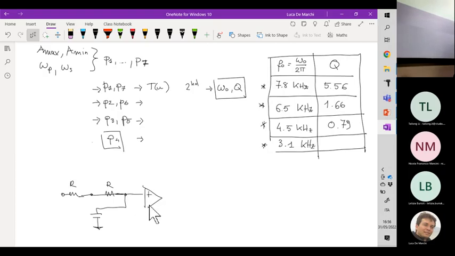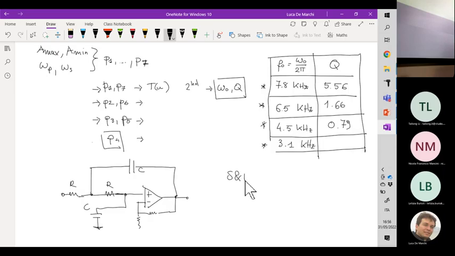Then you have a buffer realized with a non-inverting configuration. And a feedback loop in which you have another capacitance.